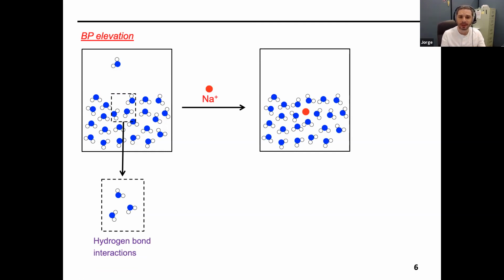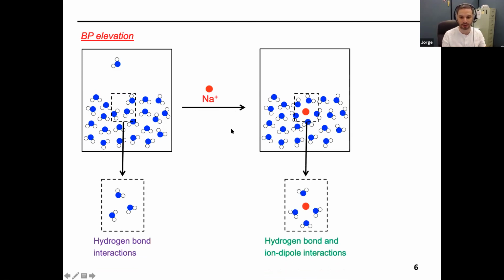What happens with the boiling point when we add a sodium ion to the water? So now the water molecules have to break the hydrogen bonding and also the ion-dipole interactions. Okay, so we are adding here an extra interaction that is even stronger than hydrogen bonding.